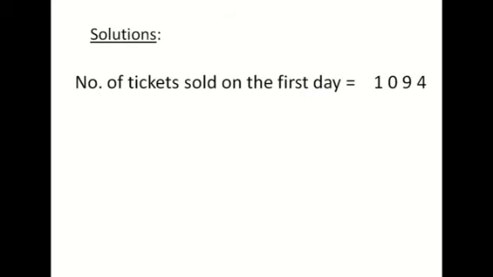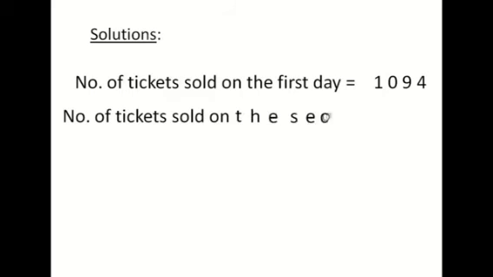So start the solution. What should you write first? How many tickets got sold on the first day? So start writing. Number of tickets sold on the first day, it is 1094. Now you will write number of tickets sold on the second day. It is 1812.